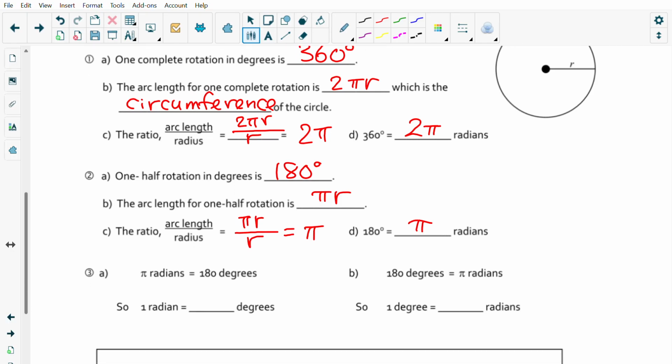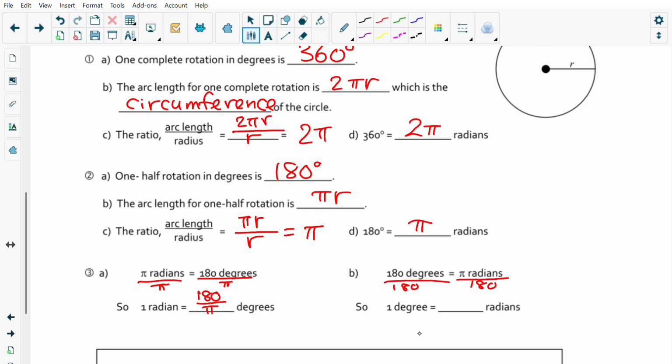Let's keep going. Number 3, pi radians equals 180 degrees. If I divide both sides by pi, I get my conversion factor. This is how we develop our relationship between radians and degrees. 1 radian equals 180 over pi degrees. 180 degrees equals pi radians. Let's go the other way. I divide both sides by 180.